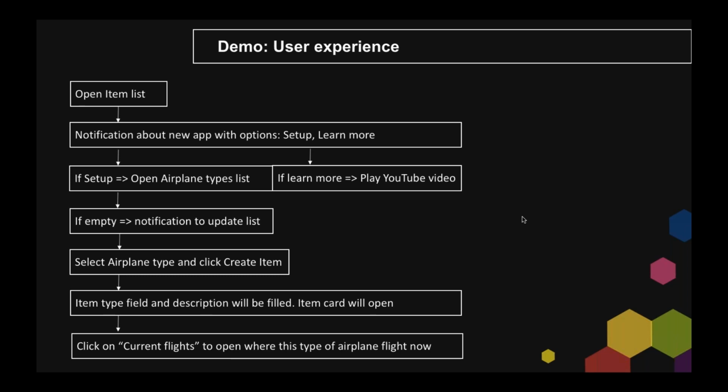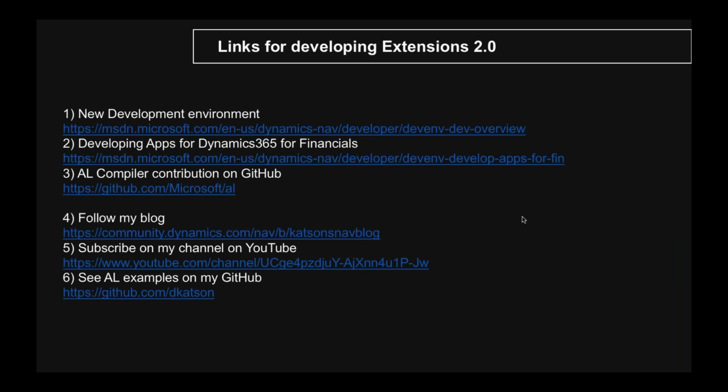When he updates, he will receive data from external web servers, and he will click a button, create item, and a new item card opens, and there he will have a button to click, current flights, to see where such types of airplanes are flying now. Or if he clicks on the step before, learn more, he will play a YouTube video.